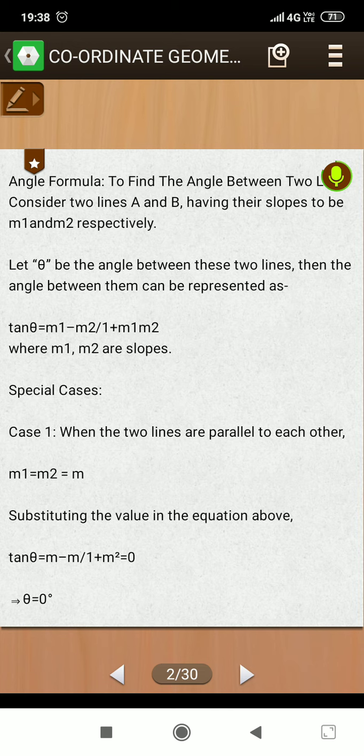So theta equals 0 degrees. That means between those two lines we have an angle of 0 degrees. Going to the next slide. Remember this formula for further purposes.